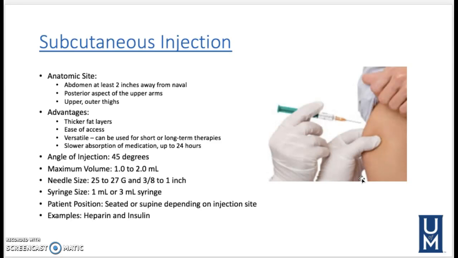Syringe size, most of the time you're going to be using a 1 milliliter or 3 milliliter syringe. Here we want that patient seated or supine, depending on the injection site we are using. Examples here would be heparin and insulin, very commonly used medications with subcutaneous injections.